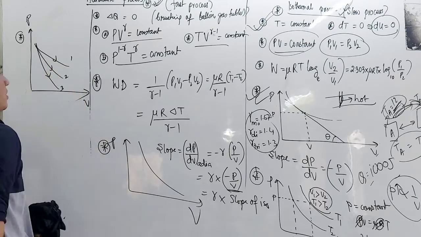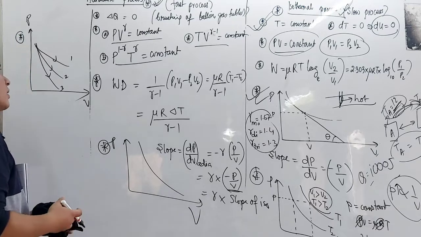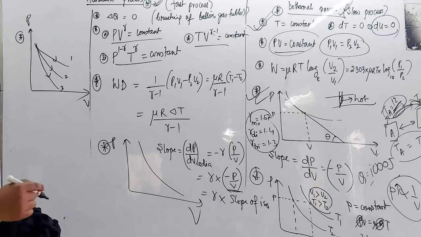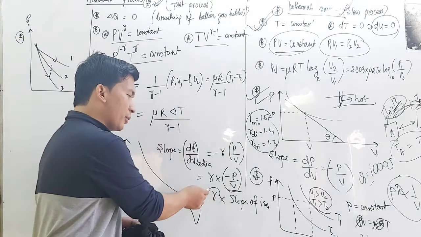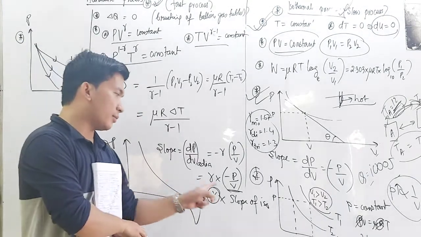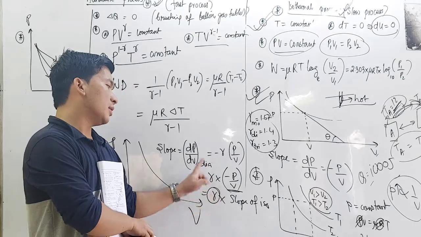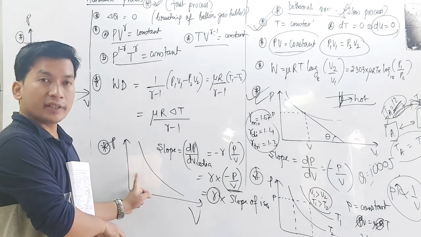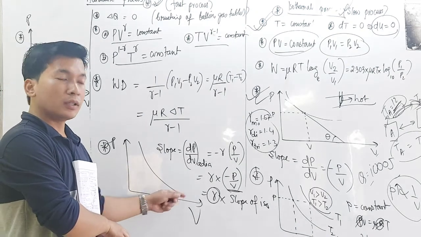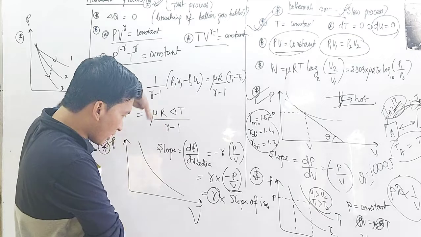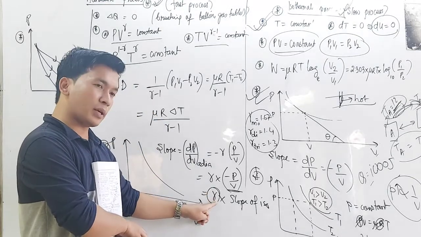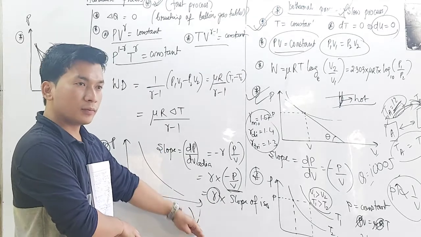Identify the type of gas for graph number 1, 2 and 3. The greater the value of gamma, the more stiff will be the PV diagram, and the more will be the slope.